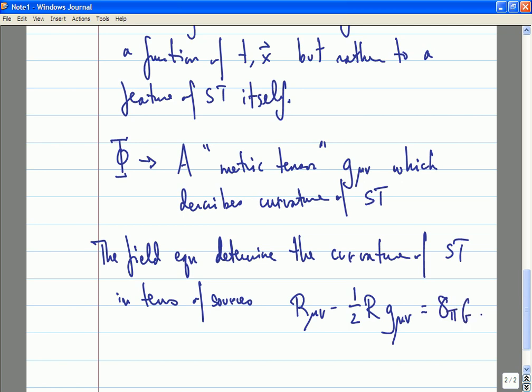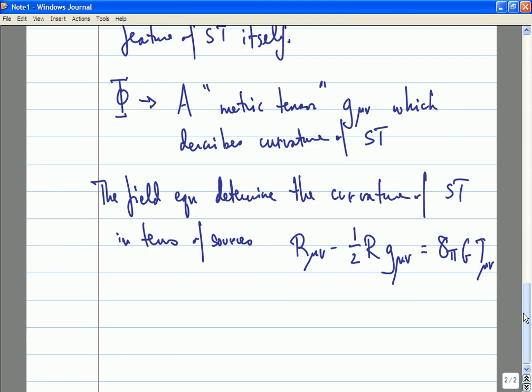I don't particularly expect you to understand that equation, but you should compare it in your mind to the equation that we wrote down earlier for the Newtonian gravitational potential, where the left-hand side of this equation is some quantity which is second order in derivatives of the metric, which describes how space-time curves, and the right-hand side of this equation has a prefactor involving Newton's constant, which is the constant that parameterizes the strength of gravity, times some quantity here, which tells you about the sources, the matter that's present.